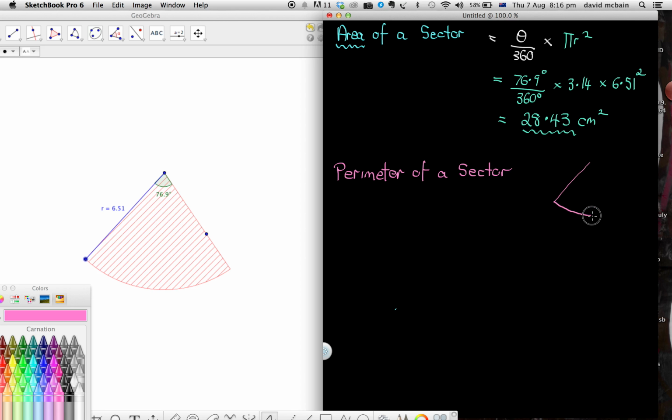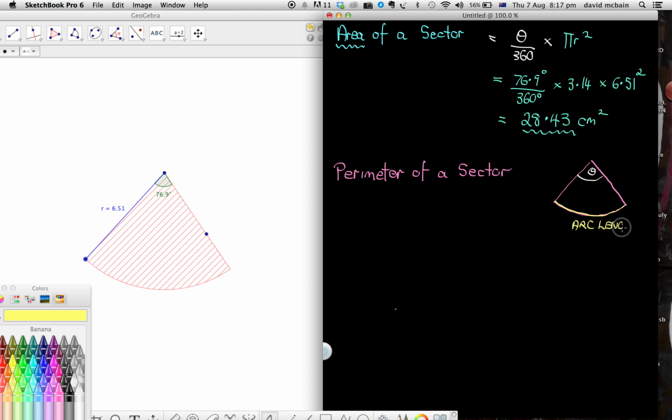So there's our sector, and here's the angle in there. And this curved section around here is known as the arc. And if we're measuring that distance, we refer to it as the arc length.